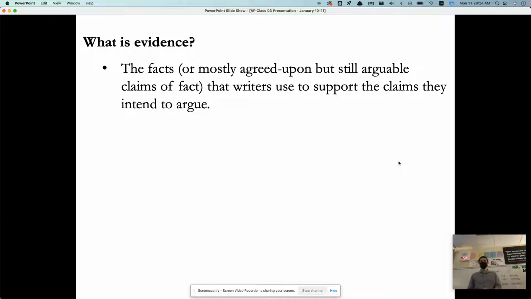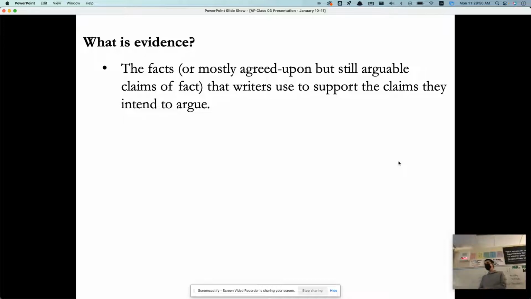So you will find that writers sometimes will state things as if they are fact, especially if he or she knows that their audience is likely to take the things they're saying as facts, and then base an argument on those claims of fact, passing them off as facts, passing them off as evidence in support of claims.